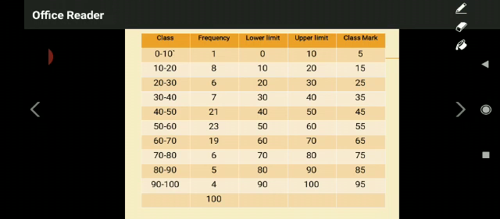Like that, there are a total of 8 frequencies, 8 observations. 8 students have got marks between 10 to 20 in the subject of mathematics.